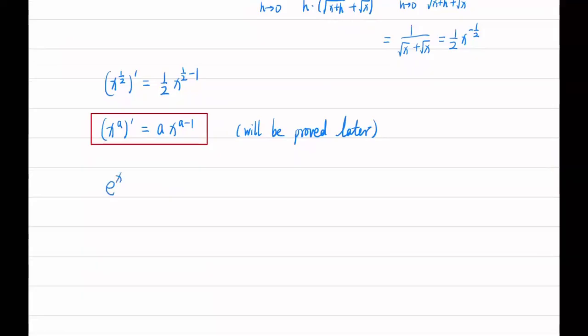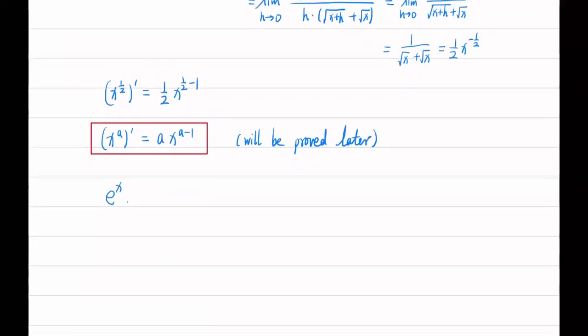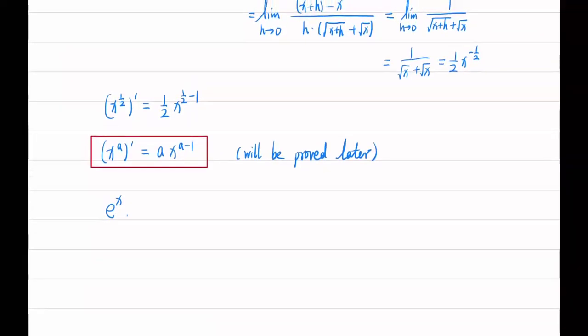Okay. Another one, the exponential of x. As we have mentioned before, we know the derivative of this at 0.